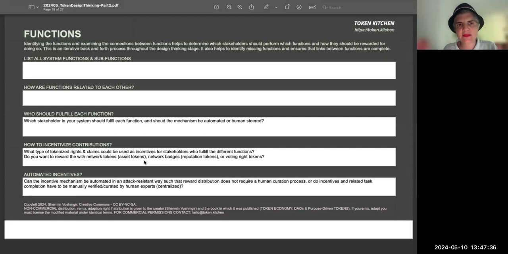But as I said, the functions are important because the question is, who will fulfill this function? How will these stakeholders be incentivized to contribute in the network? Why should I, in Bitcoin, invest into a computer, into hardware, into energy, and time to validate Bitcoin transactions? Well, because I have the potential to earn Bitcoin tokens as an incentive.